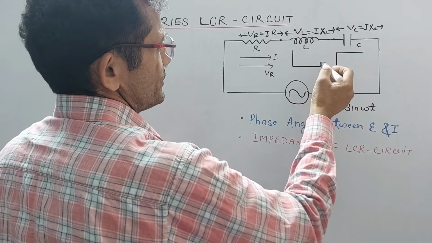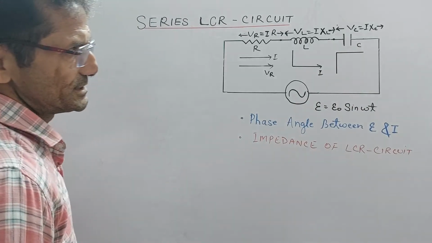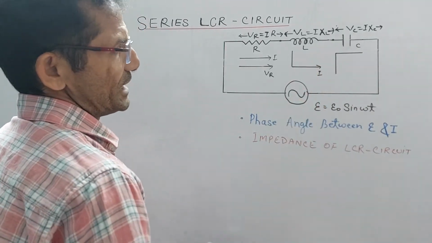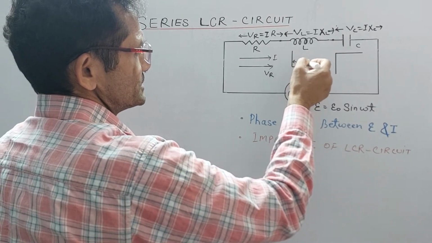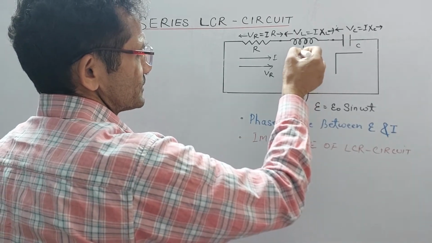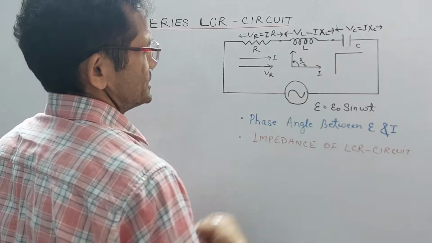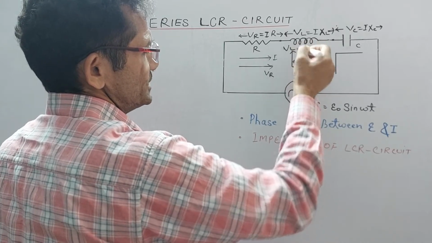Similarly, if the current vector is along this one, the voltage across the inductor is ahead of the current by an angle of pi by 2. So this is our pi by 2 radians. Because the voltage across the inductor is ahead of the current, this is our voltage across the inductor VL.